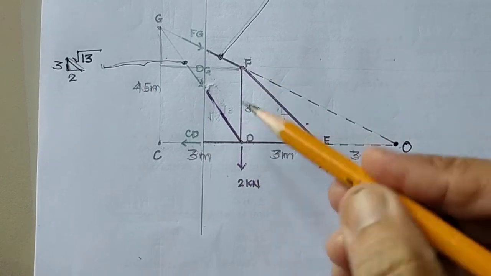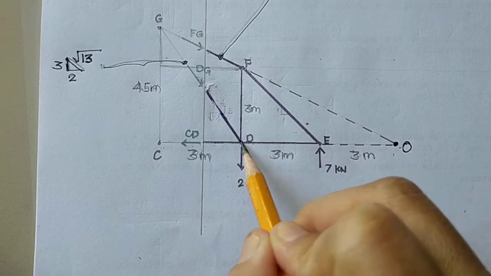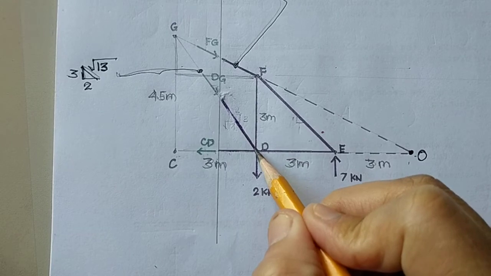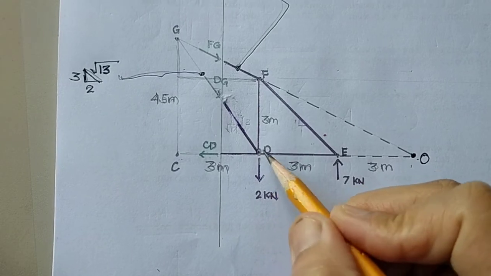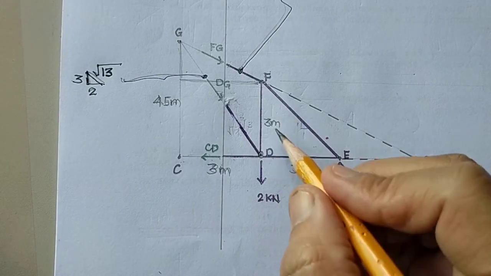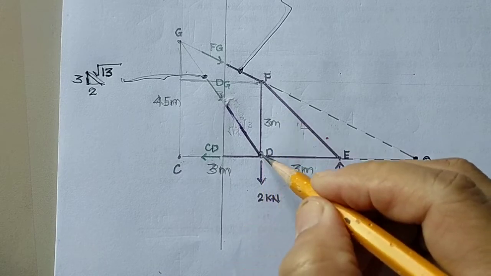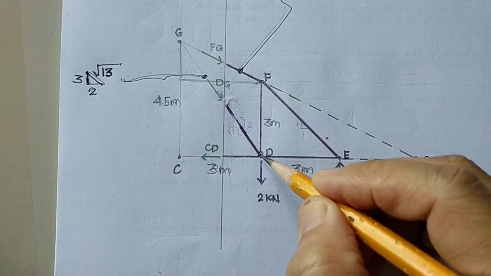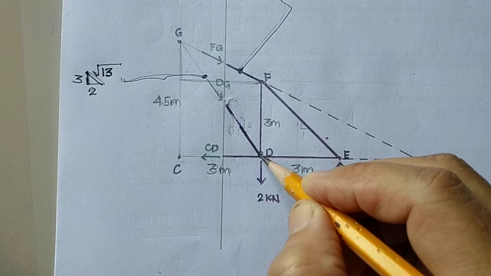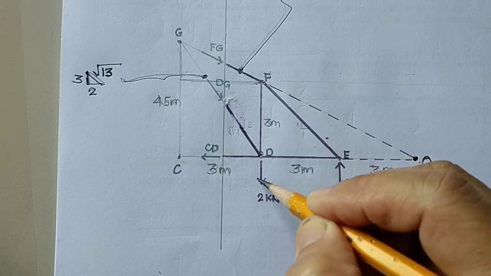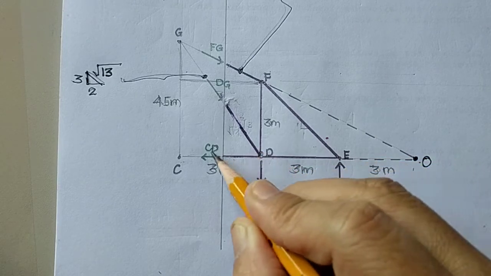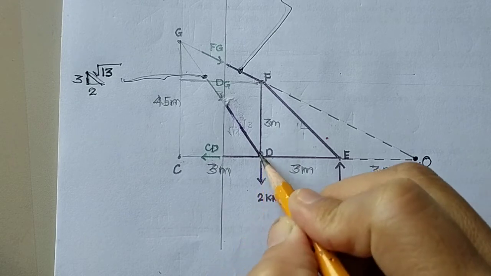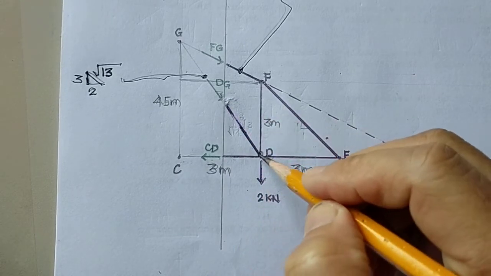So if we sum up the forces at point D, if the force is concurrent with this point, it has zero moment because it has no moment arm. So DG is 0 at this point, and CD is 0 at this point.